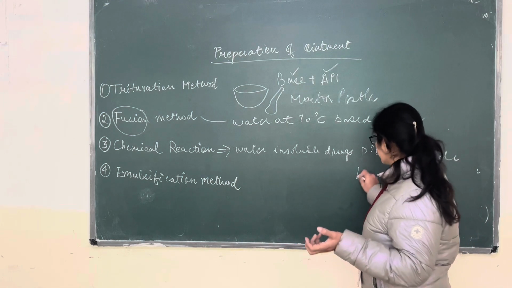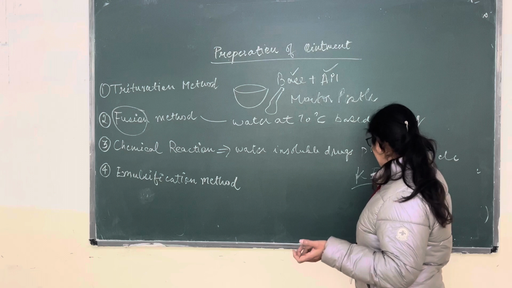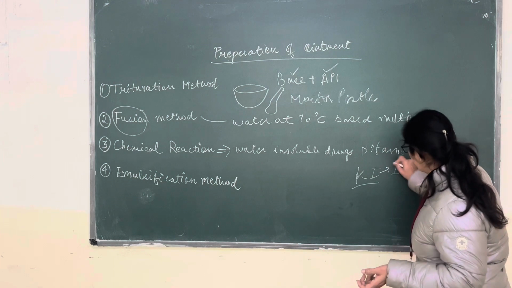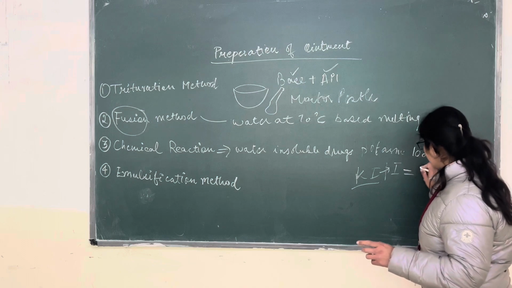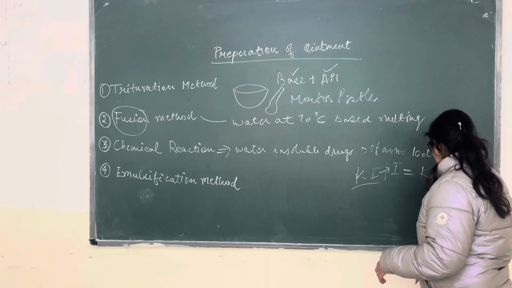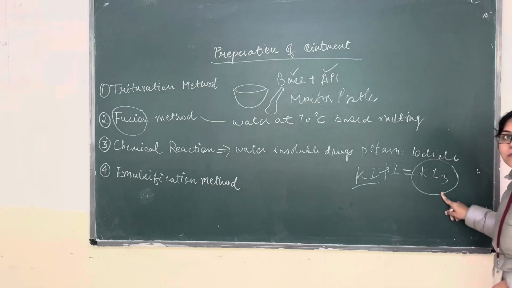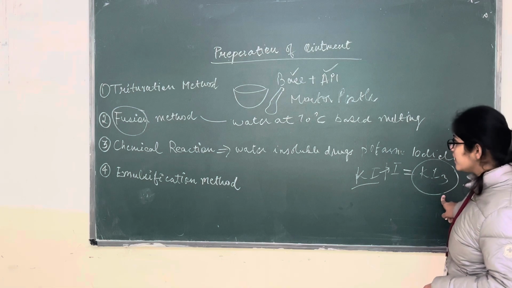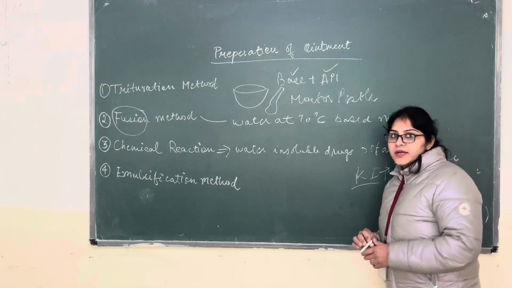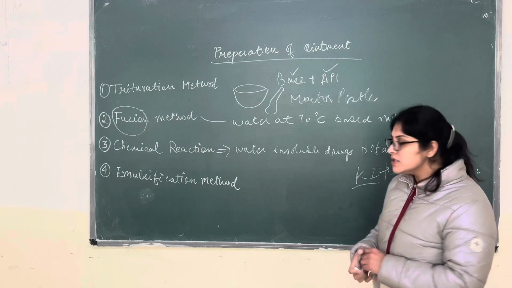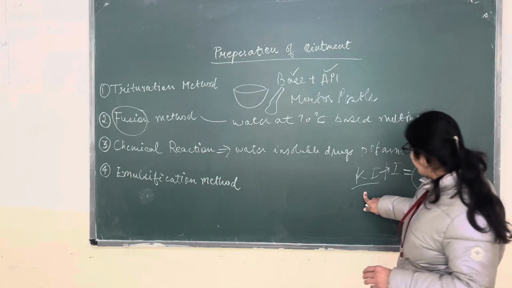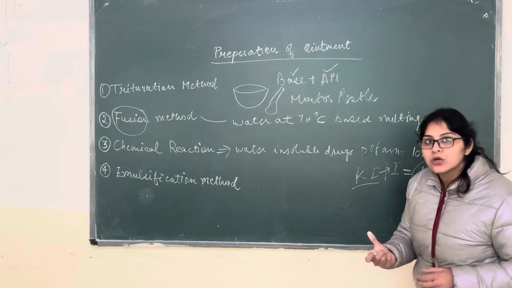We use potassium iodide to react with the iodine. As potassium iodide reacts with the iodine, it forms the polyiodide. The polyiodide form, KI3, is soluble in water and produces the ointment, because we use iodine for antiseptic purposes.